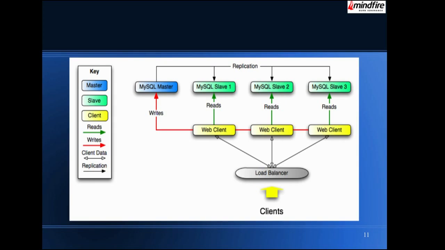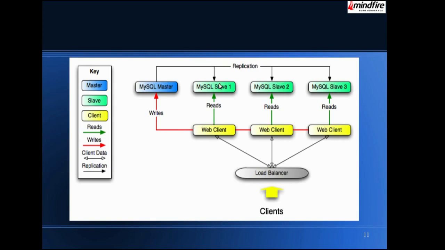And how replication helps in scaling out our application is that we can have multiple slaves working in parallel with a master, and all the read requests go to slave 1, slave 2, and slave 3.